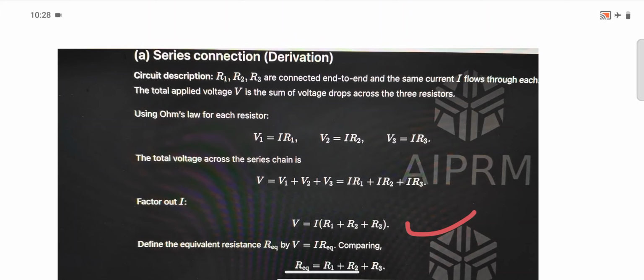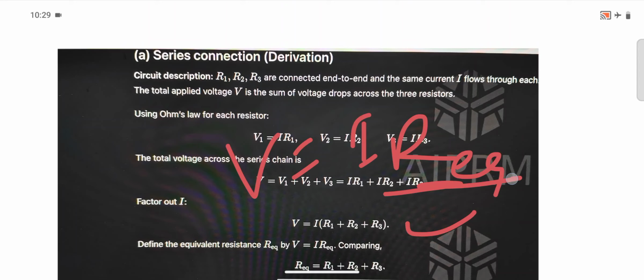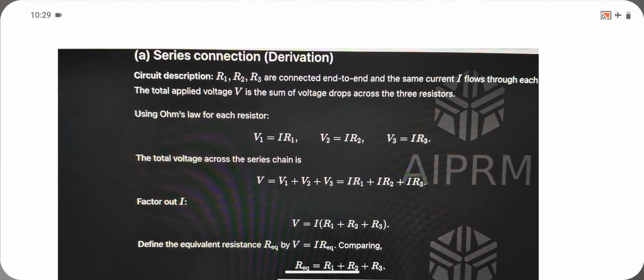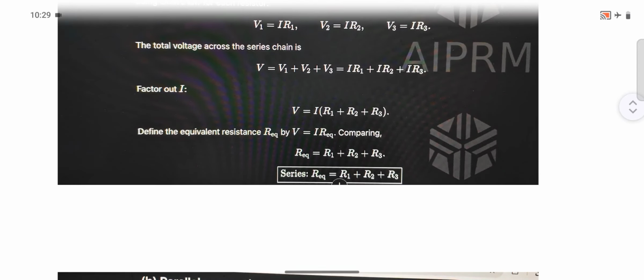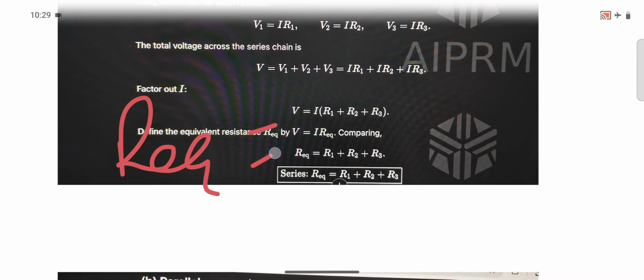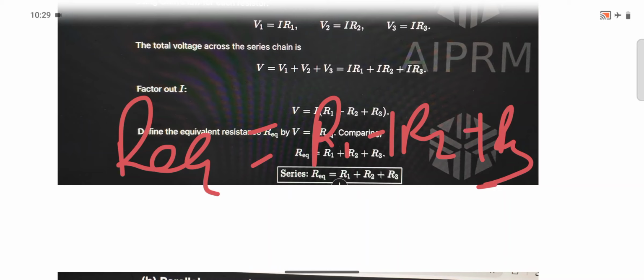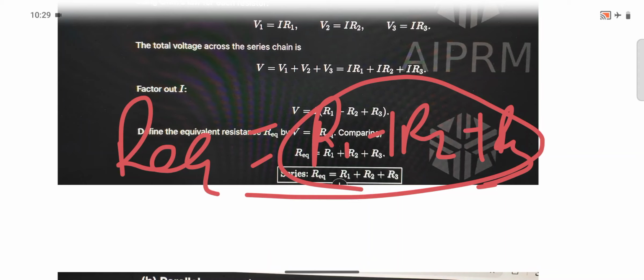Now, we will compare V is equal to IR, then R equivalent will be equal to R1 plus R2 plus R3. By comparing, we get R equivalent equal to R1 plus R2 plus R3. So in series, R equivalent formula is R1 plus R2 plus R3.